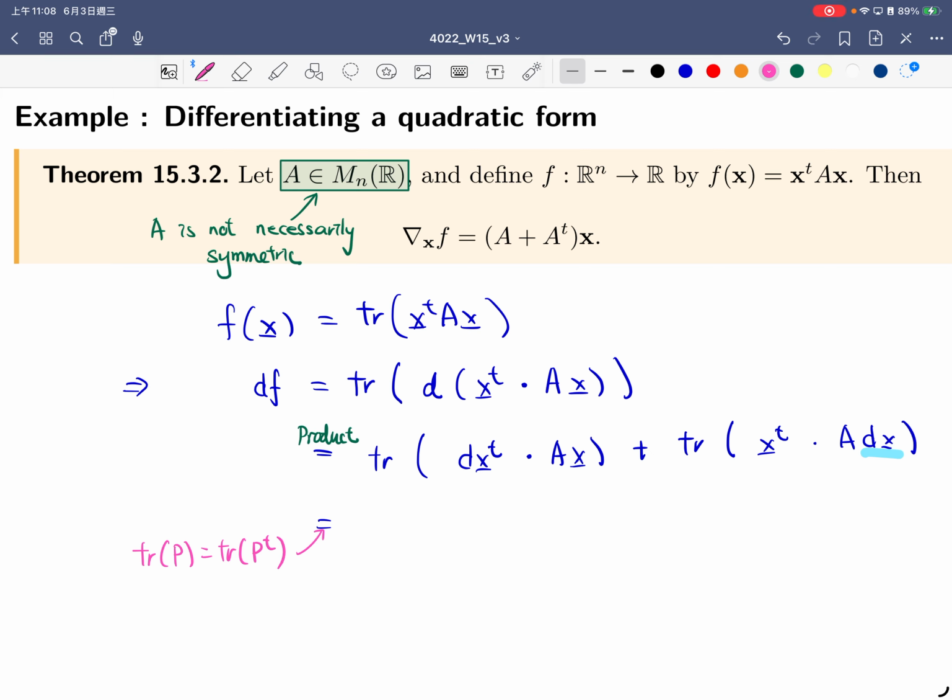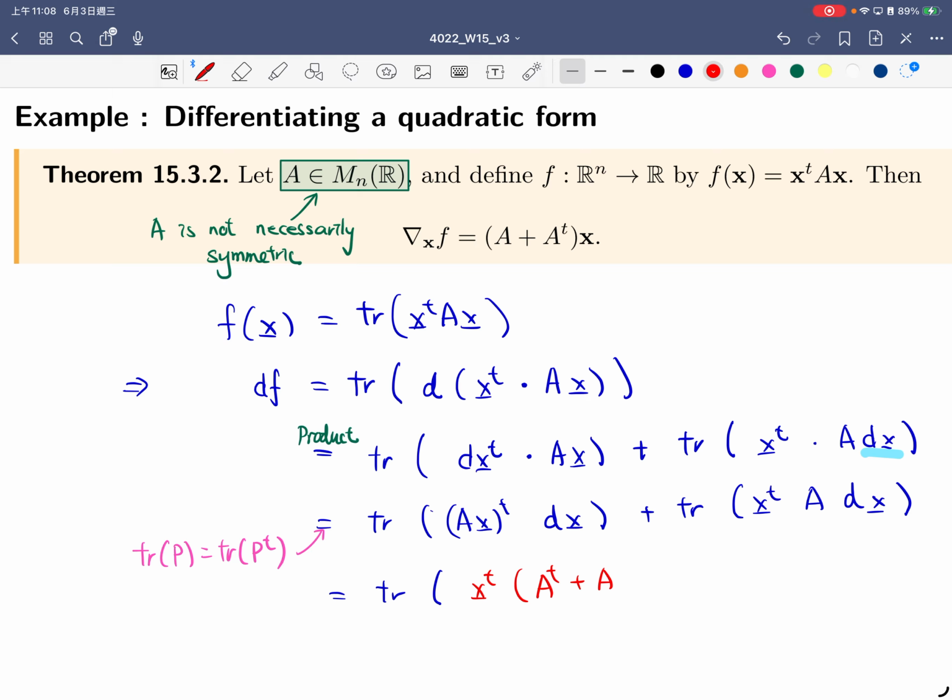So that's why you get the trace of x transpose A transpose dx. And now you can add the two terms together. If you add the two terms together, a little faster, what you get is A transpose plus A, and then dx.